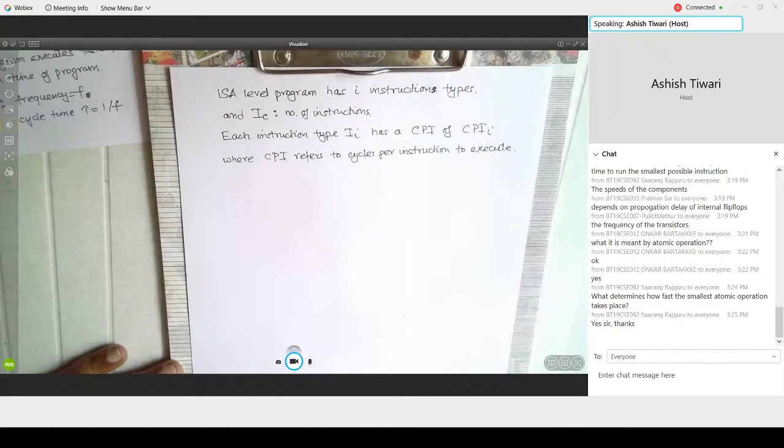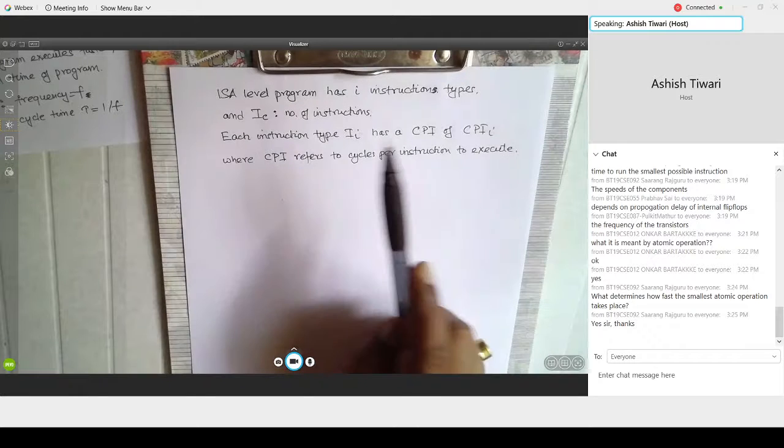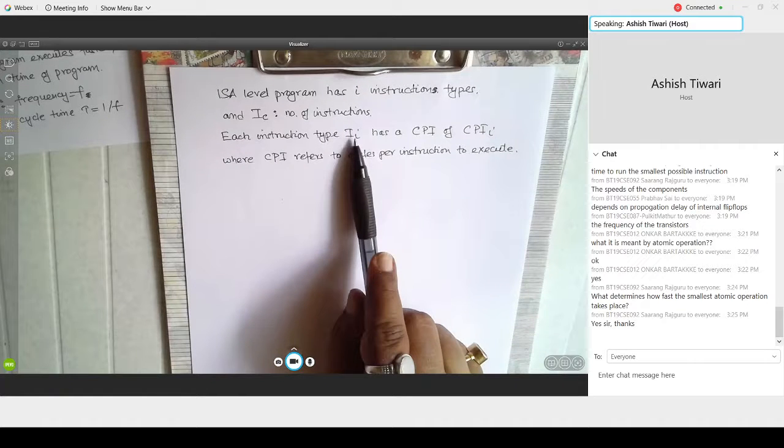Okay, so what are we saying? That you have an ISA level program, it has different instruction types, and totally there are IC number of instructions.